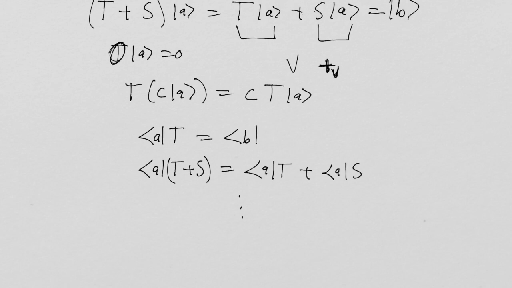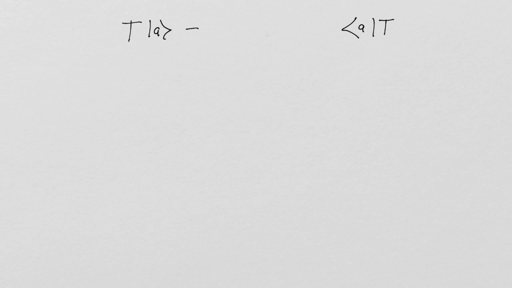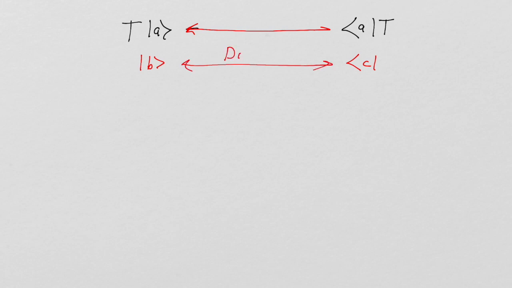Okay, so now that we know that we're operating on bras and we're operating on kets, there is an important question to ask, which is, are these two objects, meaning the ket returned by this activity and the bra returned by this activity, whatever that bra is, let's call it C, are these two duals?